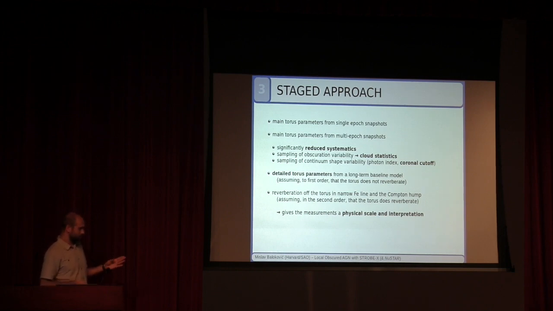People argue that the inner part of the torus is on 1 week kind of time scales up to years. If it's really a 100 parsec structure, then perhaps this is not even possible. But I hope that some reverberation signal can be seen, at least in the low mass black holes, which should have smaller tori.